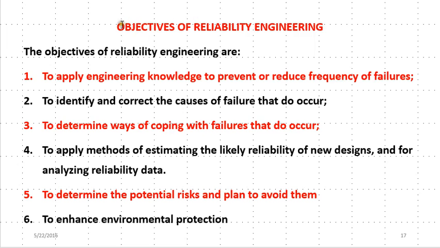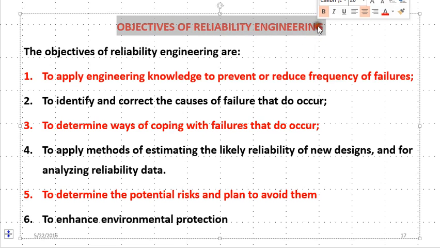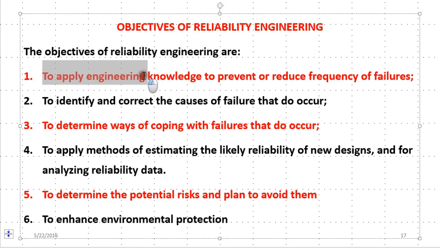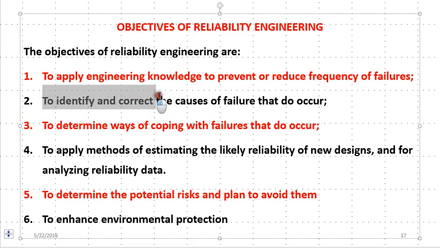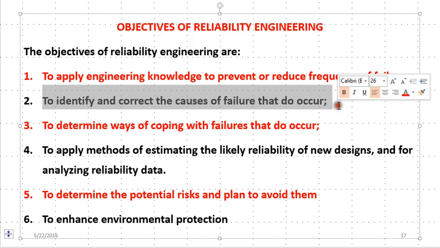So what are the objectives of learning reliability engineering? The objective number one is to apply the knowledge of engineering to prevent, if possible, failures, but the prevention of failures is not possible, so to reduce the frequency of the failures as much as possible, to reduce the number of failures. Another objective is to identify and correct causes of failure that occur, to understand what causes the failure.